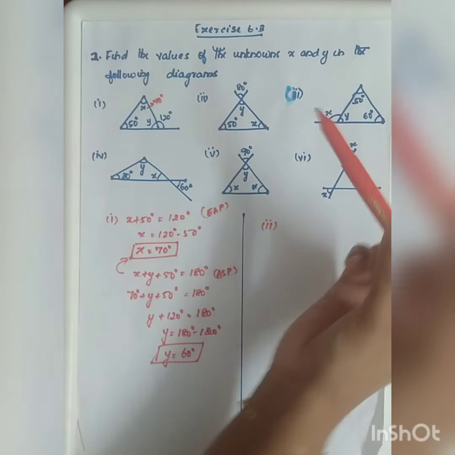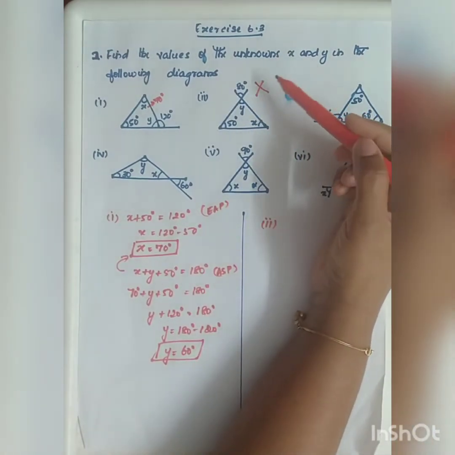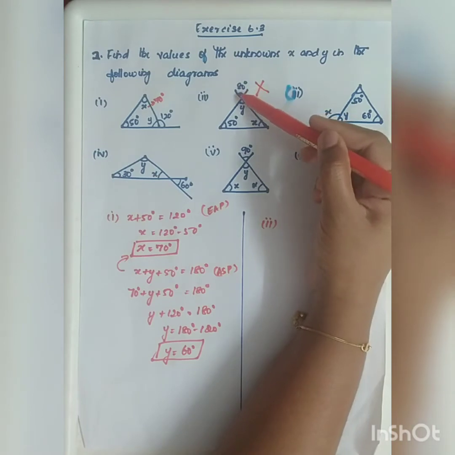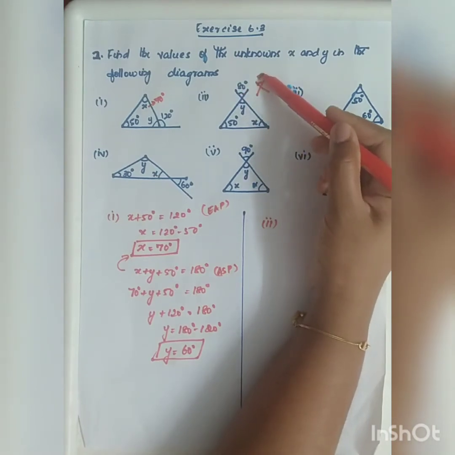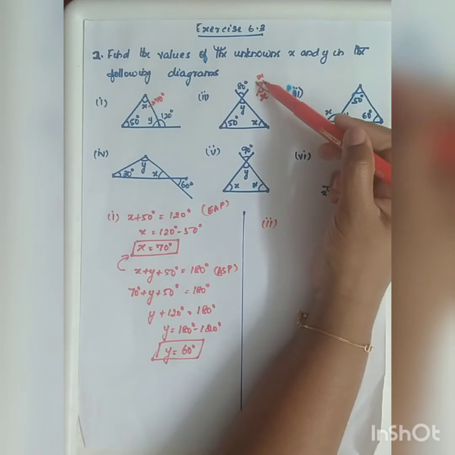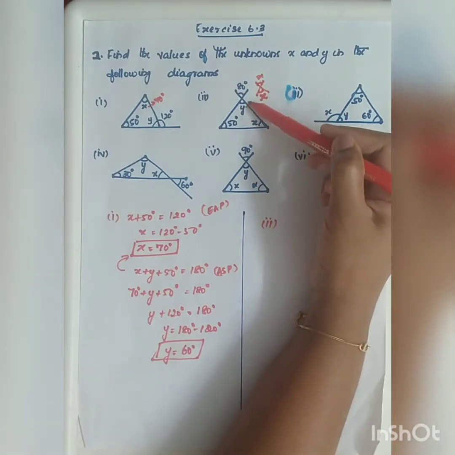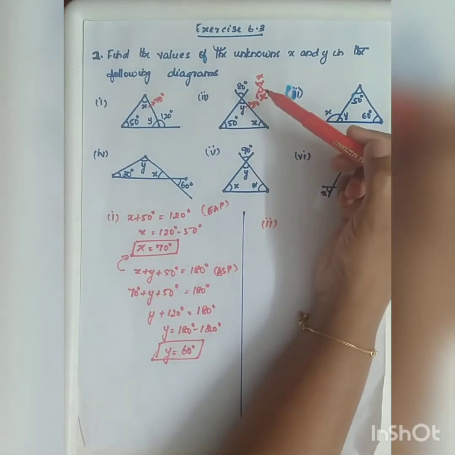It looks like two lines intersecting together. So if this one angle is x, you have an equal vertically opposite angle, right? Since it is a vertically opposite angle, this opposite angle is also x. Since this is 80 degrees, we can have y is also 80 degrees.